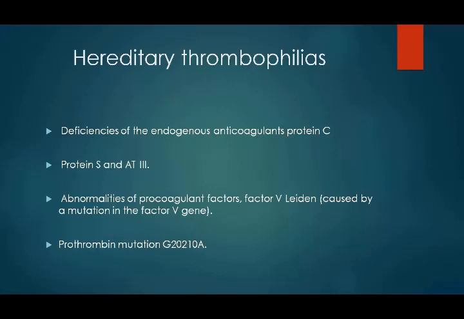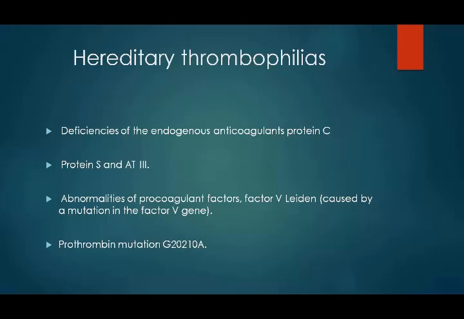So the hereditary thrombophilias can result from deficiencies of endogenous anticoagulants, protein C, protein S, and antithrombin III levels, or abnormalities of procoagulant factors: factor V Leiden, caused by a mutation in the factor V gene, where a mutation means there will be more coagulation, and the prothrombin mutation G20210A.